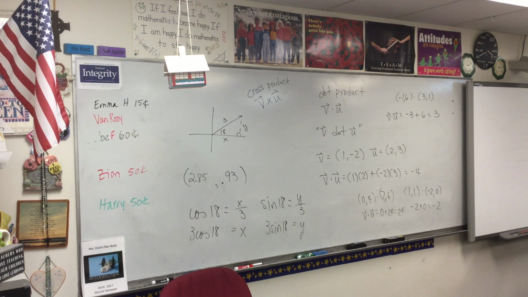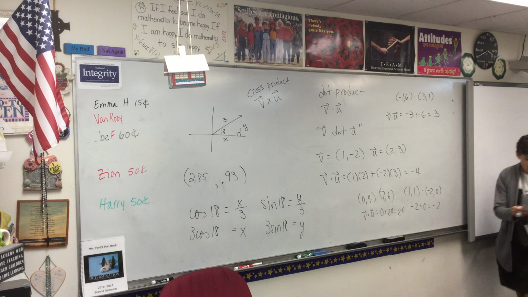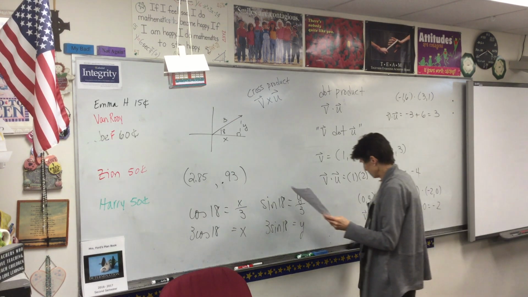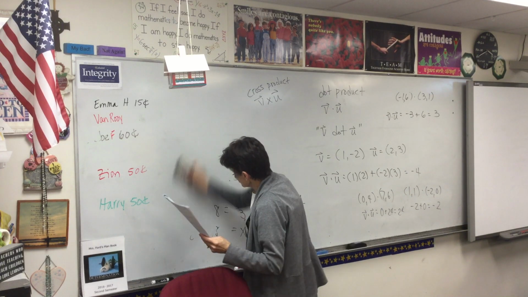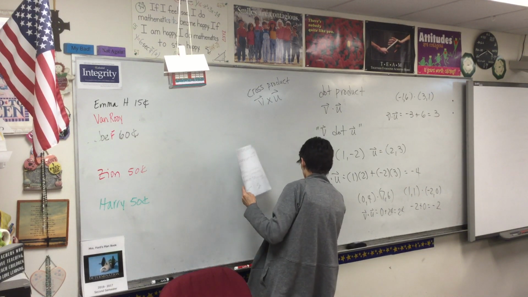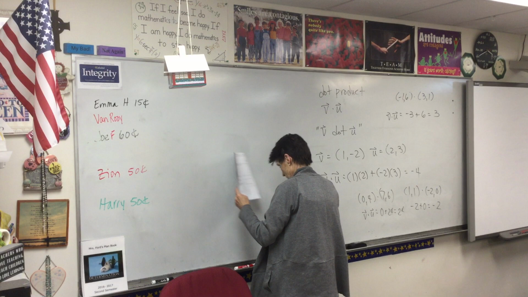All right, so let's talk about what that means. So we are looking at 6.2, number 2C, and we're going to find the angle between those two vectors. So you have already done the dot product.